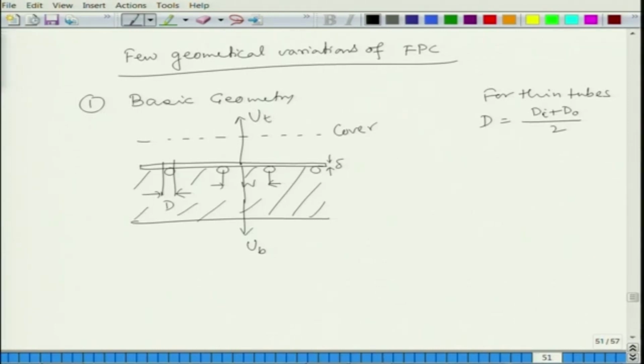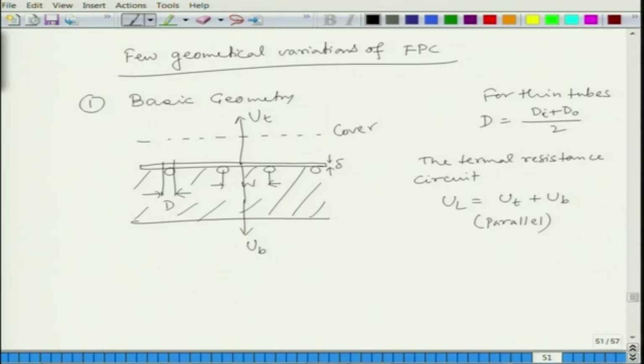Now, for this basic geometry, the thermal resistance circuit tells us that our UL will be equal to UT plus UB, because they are connected in parallel. Okay.